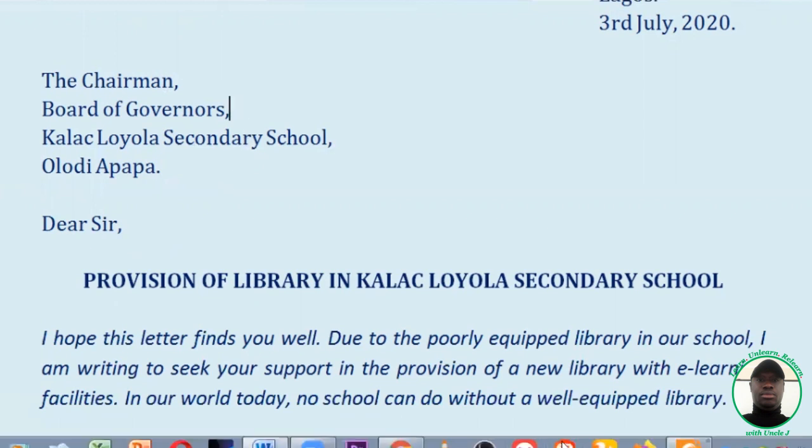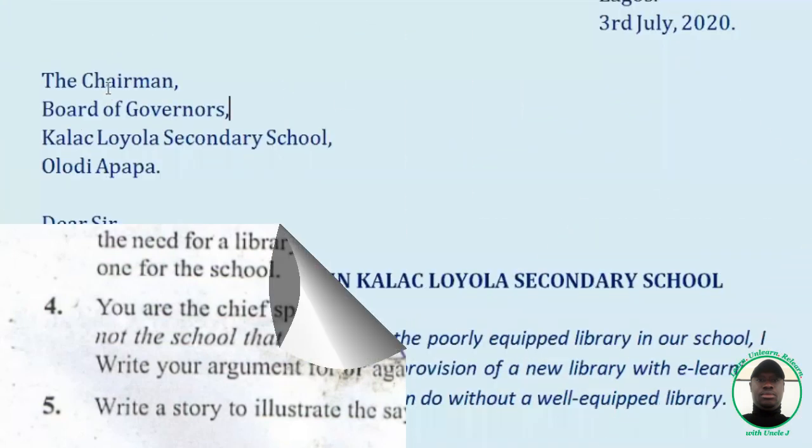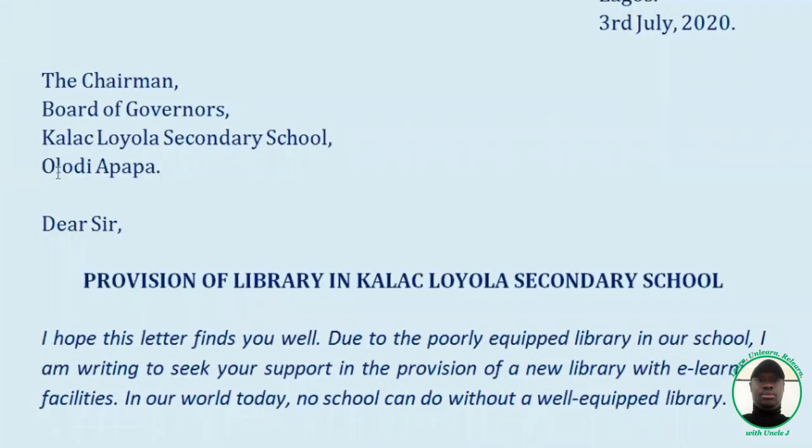If you look at the question here, this person is the chairman of the board of governors, so you have to differentiate his title and the association he is holding that position. So the chairman, board of governors, then Calat Loyola Secondary School, the school where the person is serving as the chairman, then the area, Olodia Papa. You do not need to include the date here in the second address, okay?